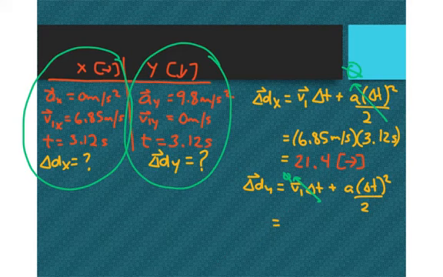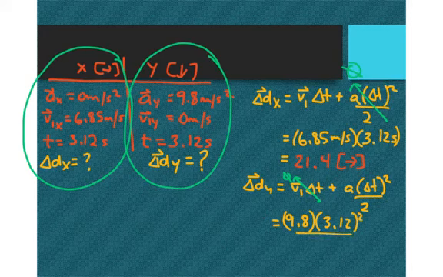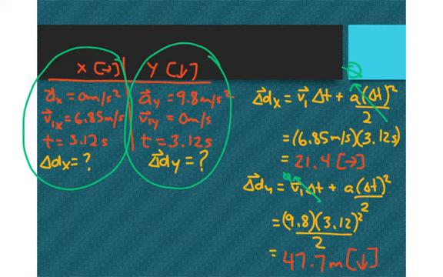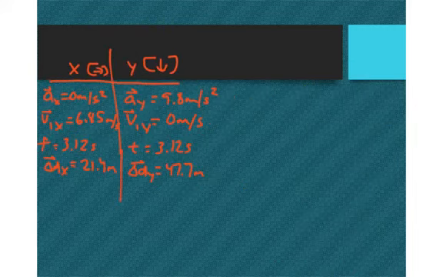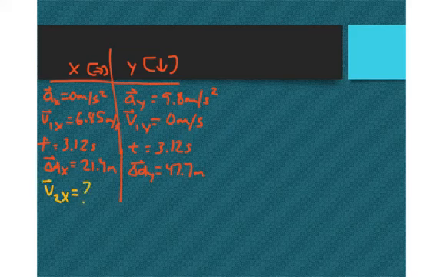So I've got my 9.8, my 3.12 has to be squared, and then I'll divide the whole thing by 2. That's an ugly looking 2. And I should get a value of 47.7 meters down.